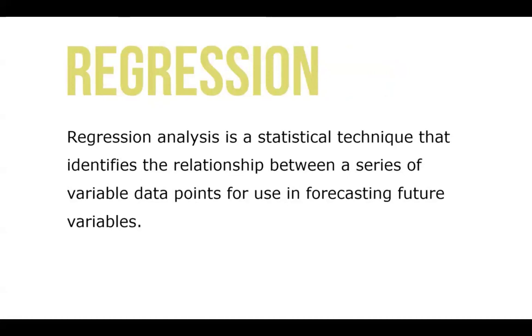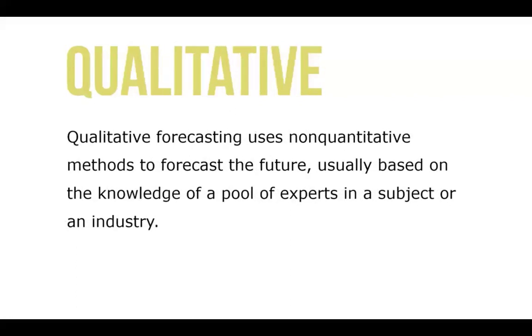Regression analysis is a statistical technique that identifies the relationship between a series of variable data points for use in forecasting future variables. We can use statistical software to create the regression diagram. Most HRIS include this capability. Qualitative forecast uses non-quantitative methods to forecast the future, usually based on the knowledge of a pool of experts in a subject or in an industry.